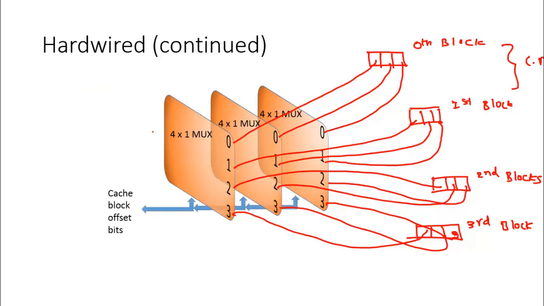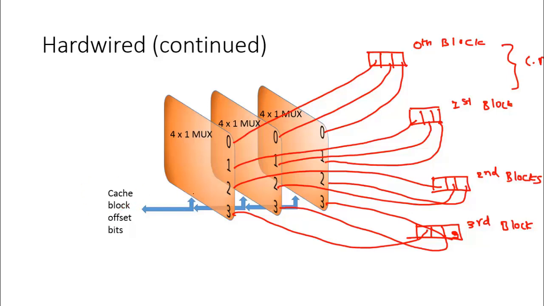This is the input of our Xbox, the cache block offset, and these cache block offset lines are connected with the selection lines of all these 3 multiplexers. So all these 3 multiplexers' selection lines are combinedly connected with the cache block offset bits.